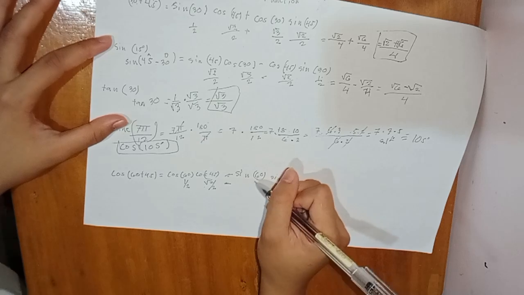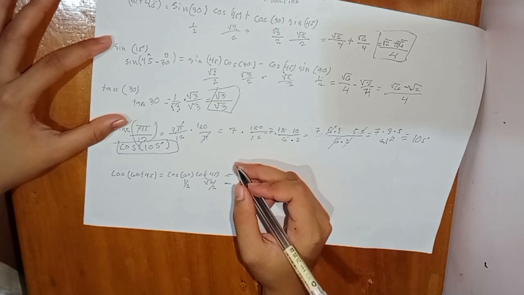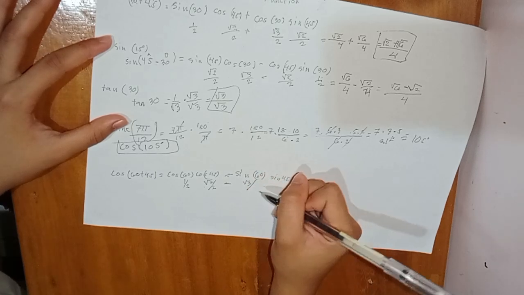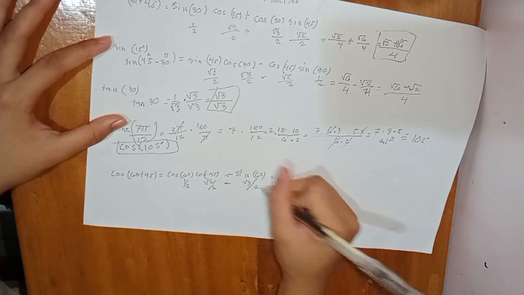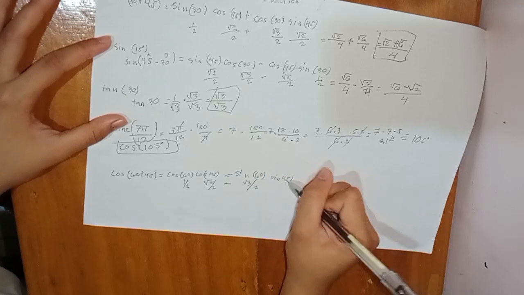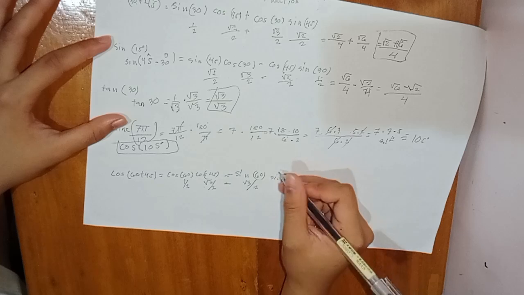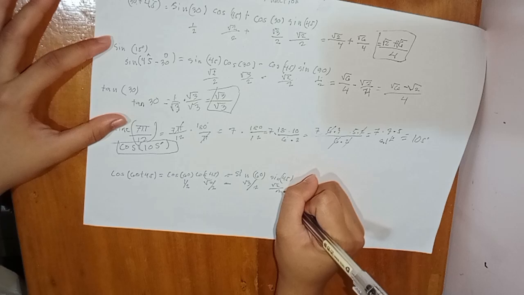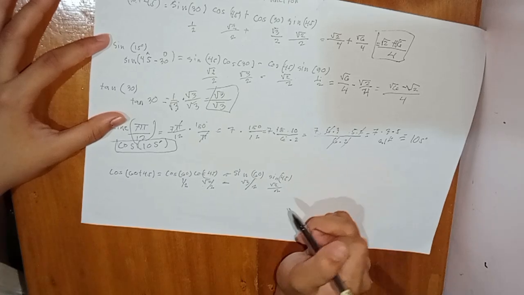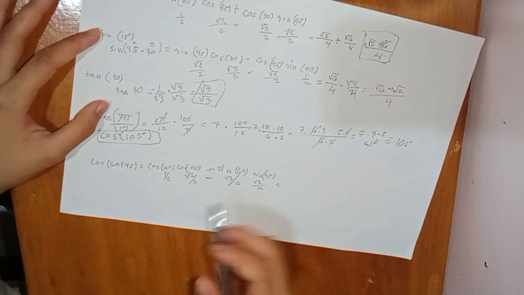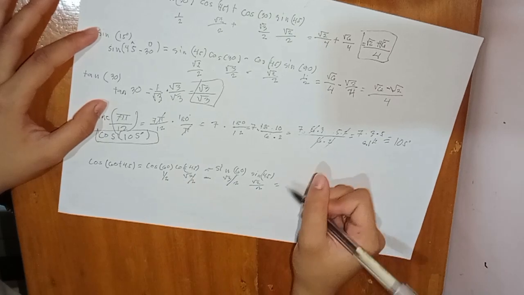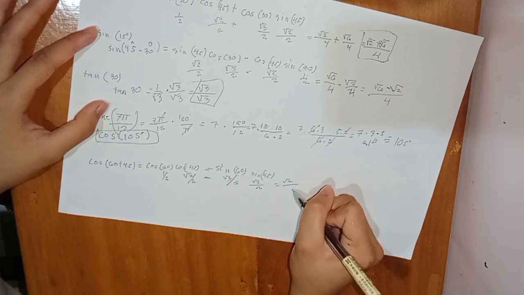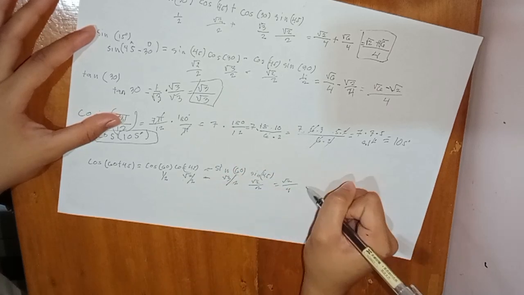And sine 60 degrees in our unit circle is square root of 3 over 2, and sine 45 degrees in our unit circle is square root of 2 over 2. So let's rationalize this. 1 times square root of 2 is equal to square root of 2, and 2 times 2 is 4, so the denominator is 4, and we copy the sign.